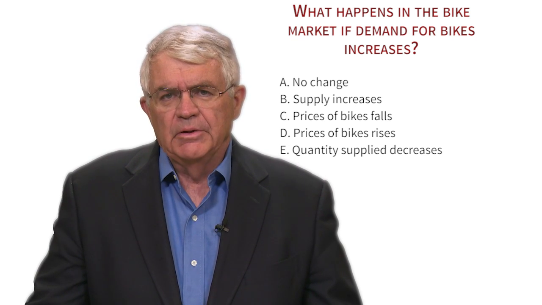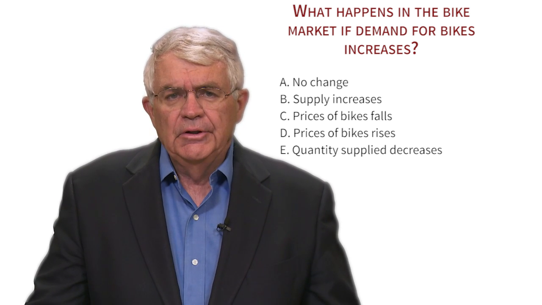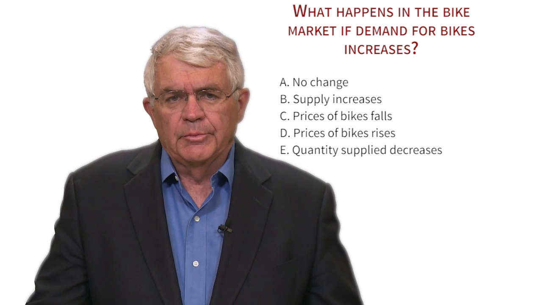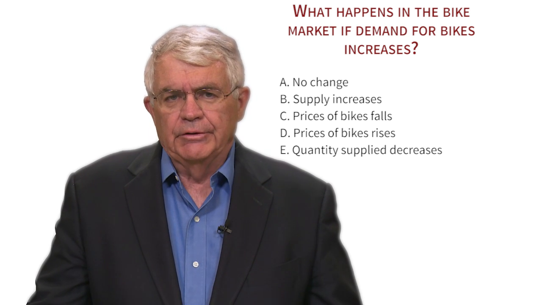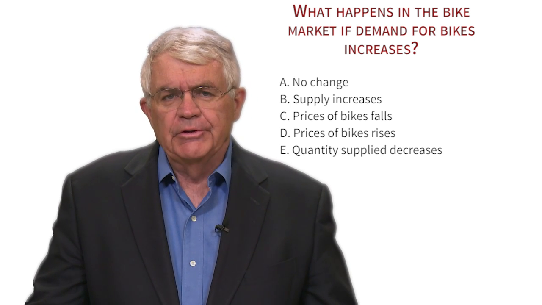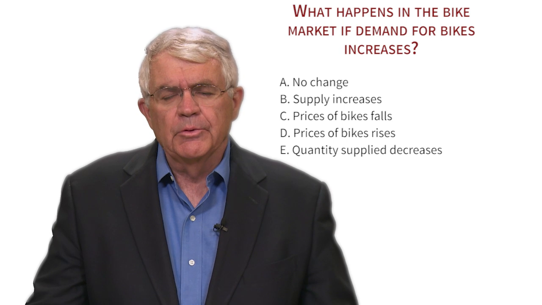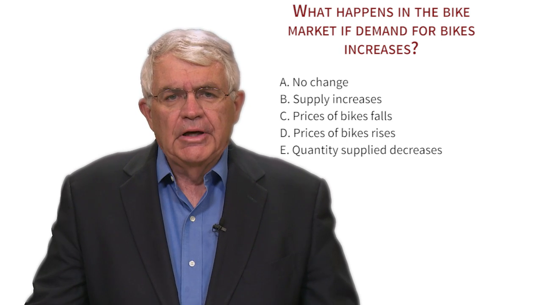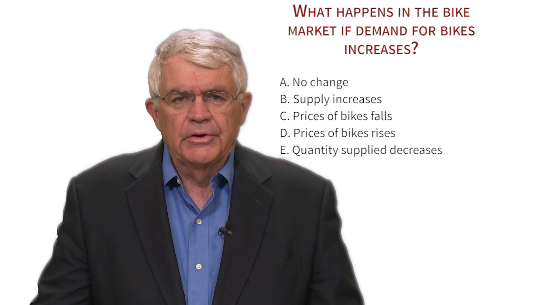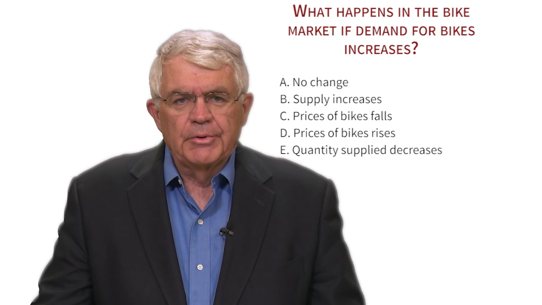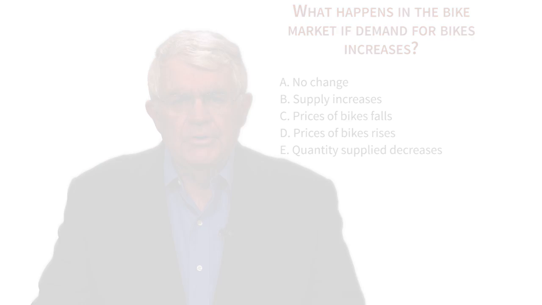We said nothing could happen, supply could increase, the price of bikes falls, the price of bikes rises, or quantity supplied decreases. Only one of those is going to be right. Maybe write on a piece of paper what you think the answer is, and let's look at the model to see which one it is.